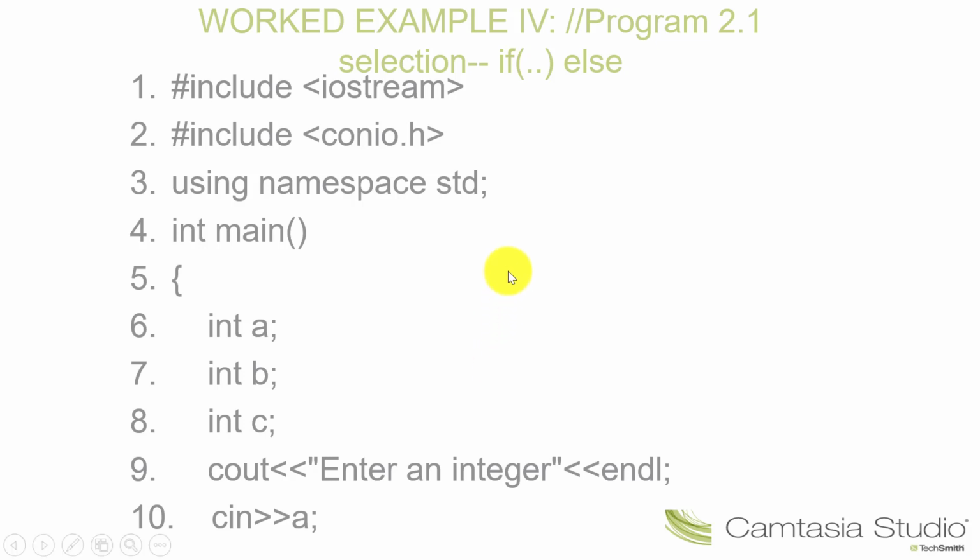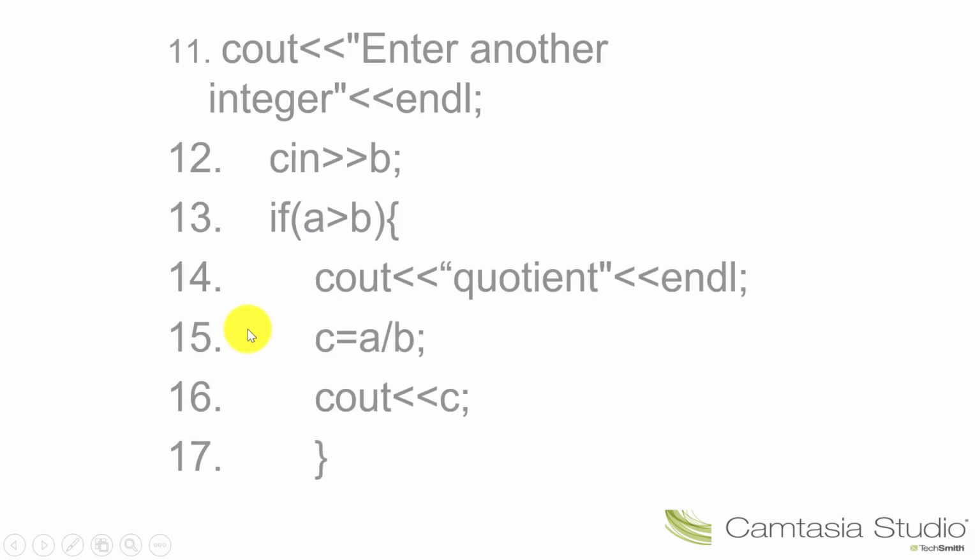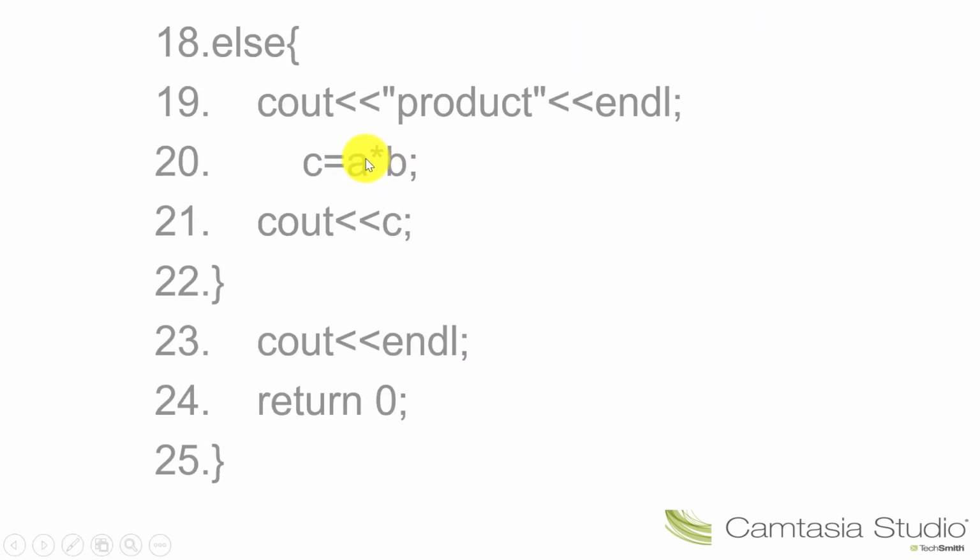Now, to understand this, let us come back to our worked example. This is a program, and this program will employ the keyword if and else in order to implement selection. The program that you see in front of you is a calculator, and this calculator normally does division, as you can see here, and if it doesn't do the division, it will perform multiplication, as you see.